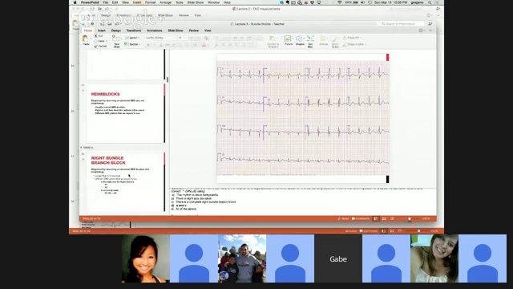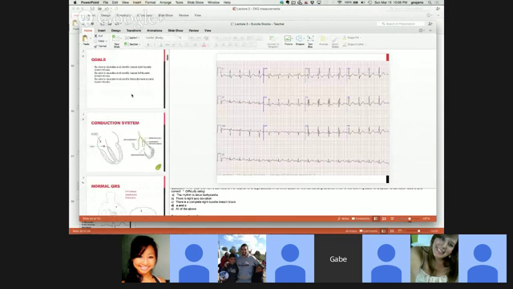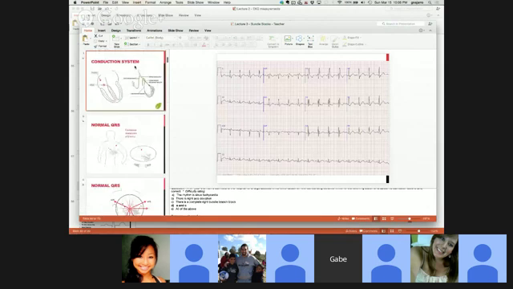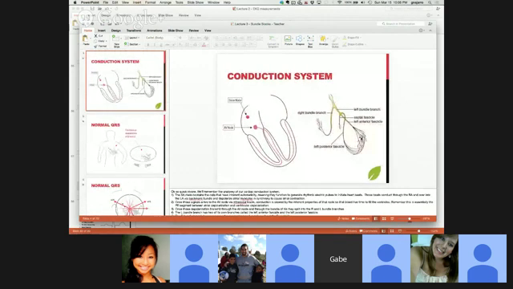There are also trifascicular blocks, and this is a term that, depending on which cardiologist you talk to, will agree or disagree with you. A trifascicular block would technically be a right bundle with a left posterior and a left anterior. Now you're asking yourself, isn't that just a complete block? And that's where some cardiologists would say, yes, that's just a complete heart block.